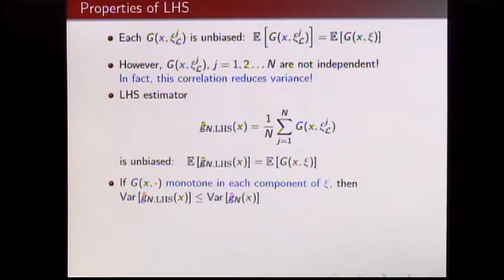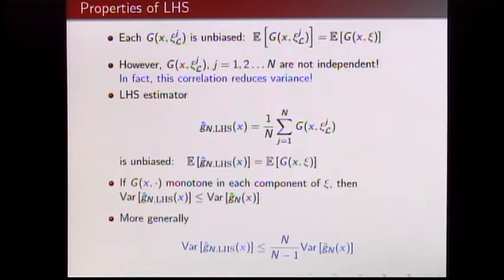And again, the monotonicity comes up because we have this correlation going on. If this function is monotone in each component of Xi, I can guarantee that the variance of the Latin hypercube will never be greater than, will actually reduce the variability compared to standard Monte Carlo. However, you might not have this, but it's not like antithetic variates. It doesn't increase it that much.